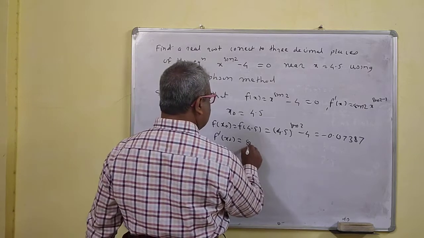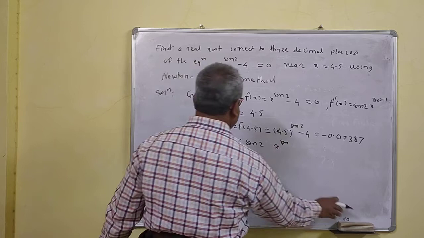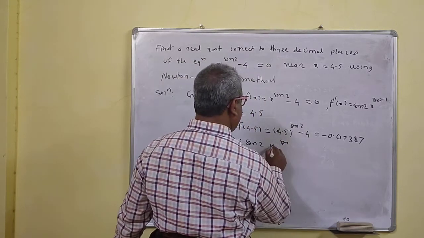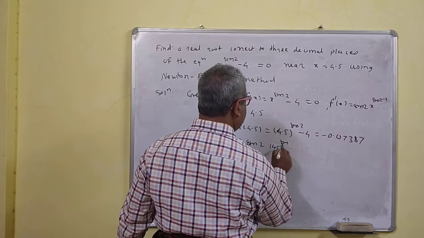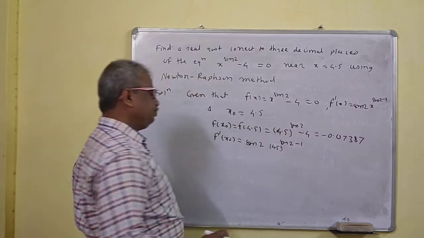So this is sine of 2 times x raised to sine 2 minus 1, where x naught is 4.5.